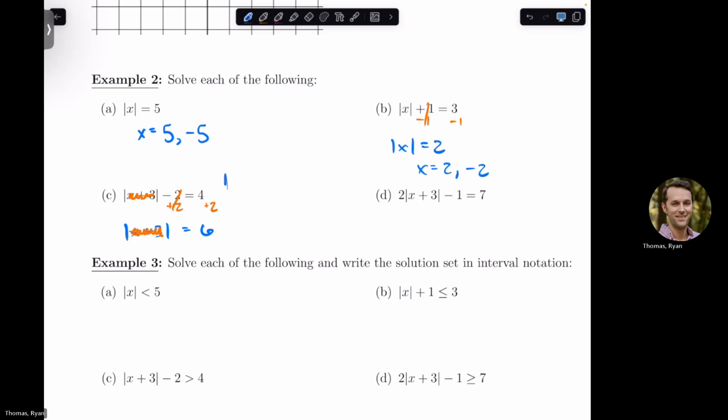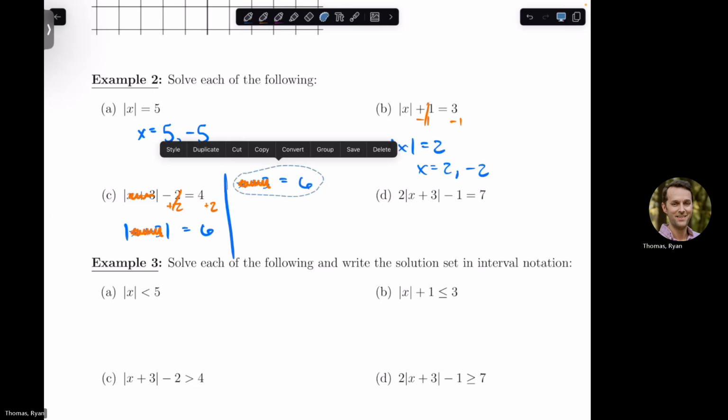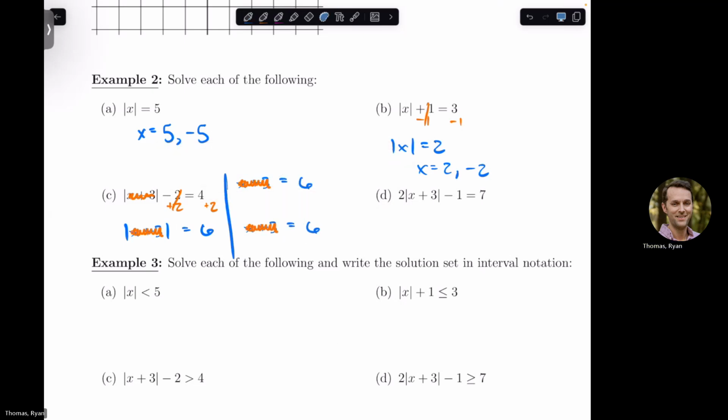Okay? So whatever this thing is, it could be 6, or it could be -6. Right? Okay.